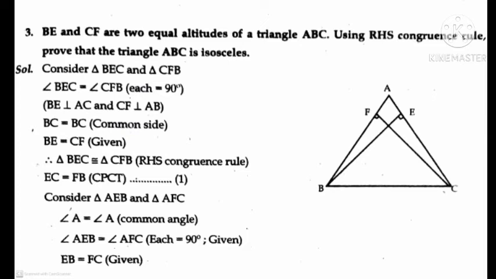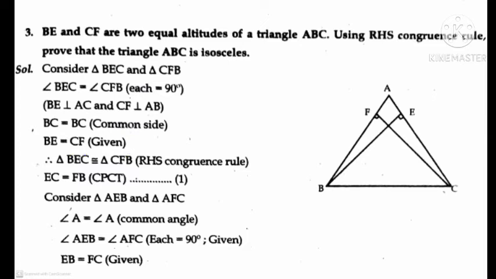BC is equal to BC, it is a common side of both triangles. BE is equal to CF. It is given in the problem. Therefore, triangle BEC is congruent to triangle CFB since RHS congruence rule. EC is equal to FB. It is a CPCT.